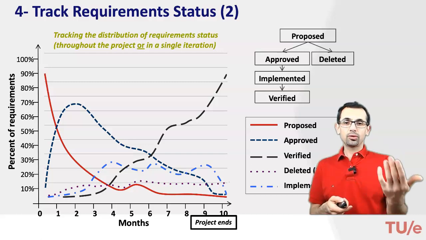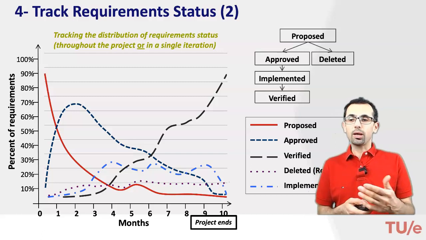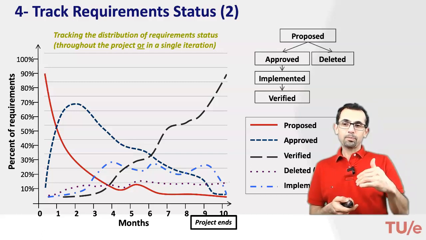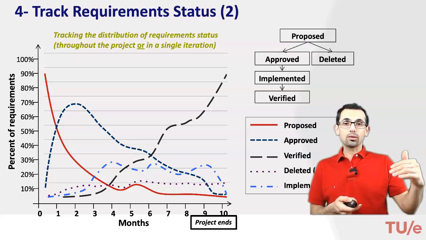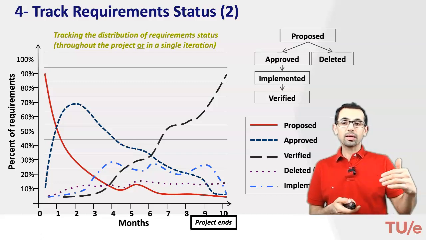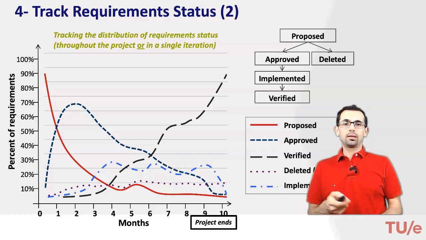Then we have a lot of approved ones because the users approve them. And then once we have the approved, the deleted ones obviously also appear, or those that we start implementing, we start verifying, and so on, and it goes like that. At the end, we want all these requirements to be verified, obviously. Good.